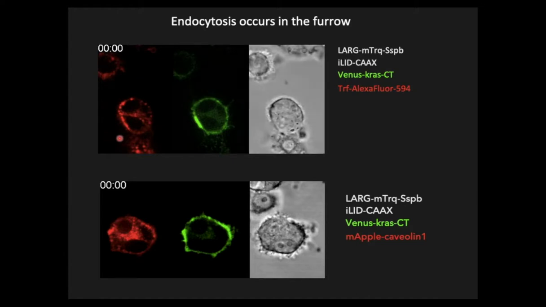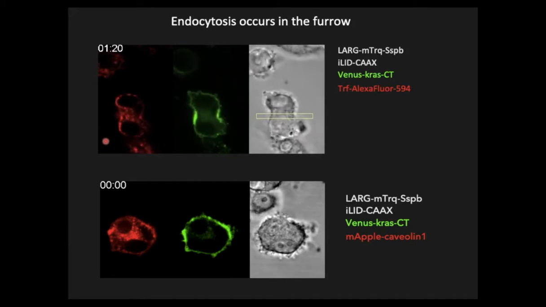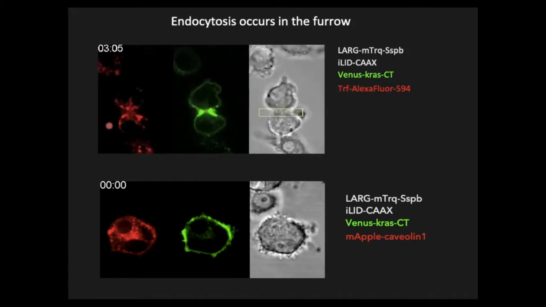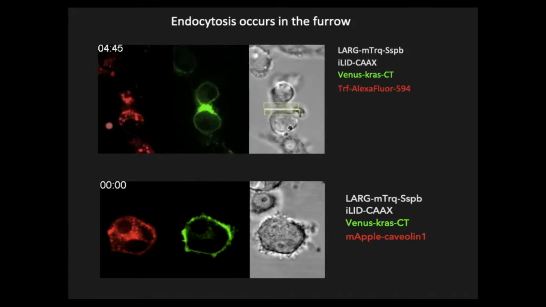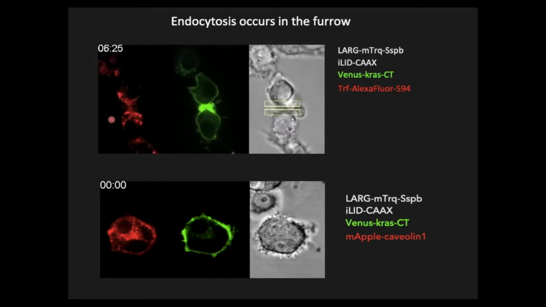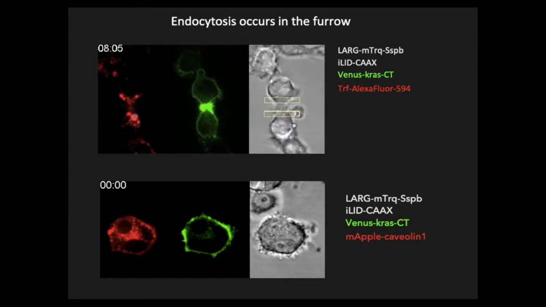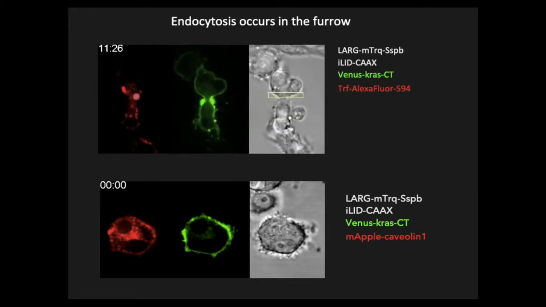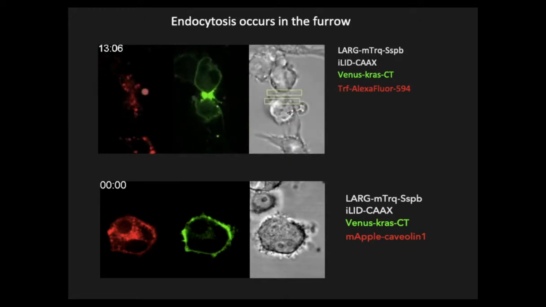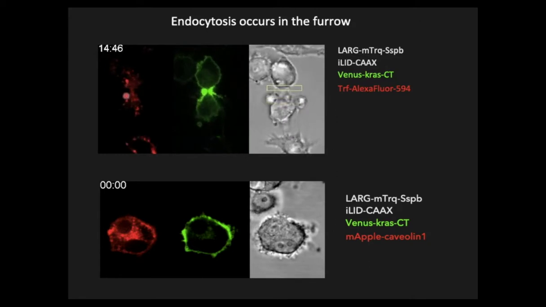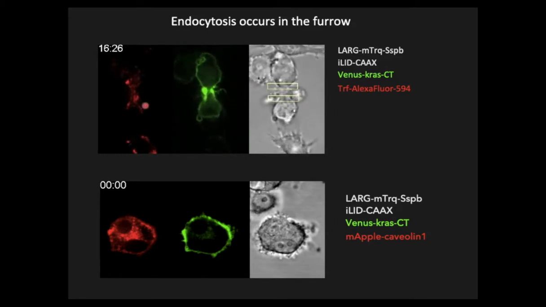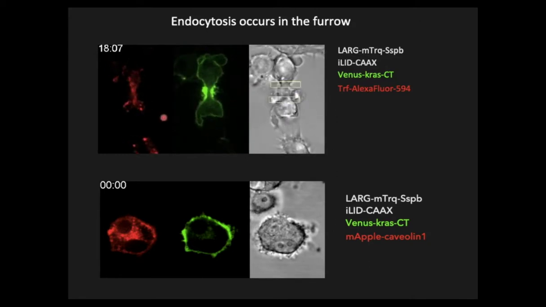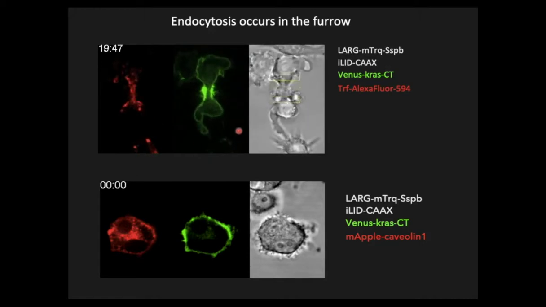As you will see in the first movie, after induced furrow formation, the vesicles containing transferrin Alexa in red localized in the furrow and in the back of the cell. The green is the membrane marker.